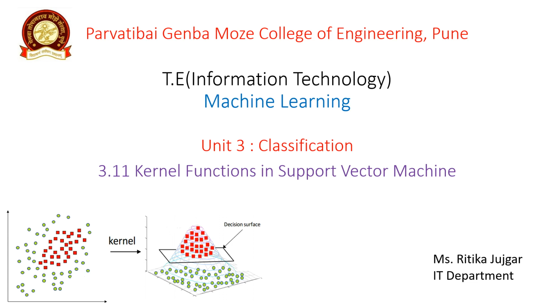We discussed what is meant by kernel tricks and what hyperparameters are used in the kernel tricks, where the C parameter and the gamma parameter are used. So in this video we discuss the kernel functions in the support vector machine.